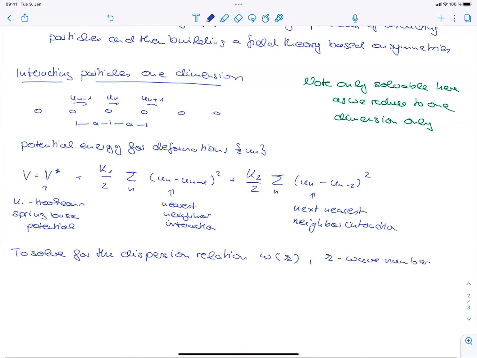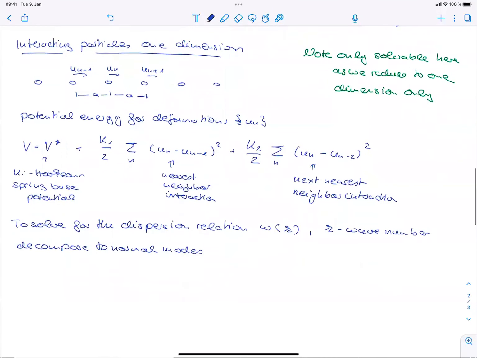And the way to do this is to decompose the normal modes of the system. So basically to do a Fourier transform on the lattice, which is e to the power minus i k n a, where a was our lattice constant, right?